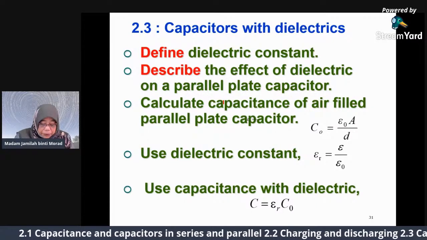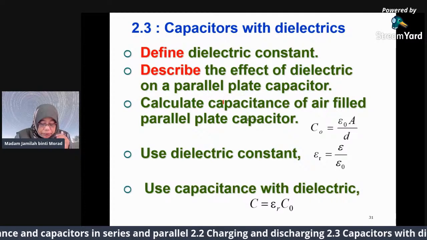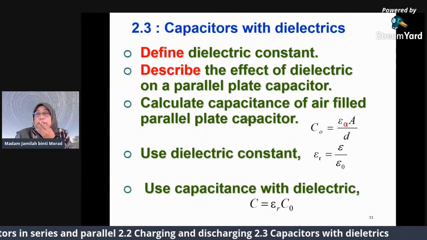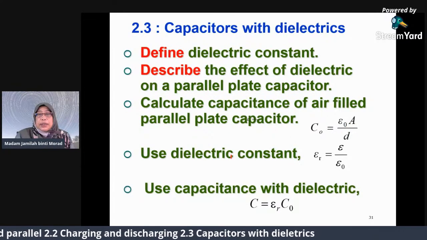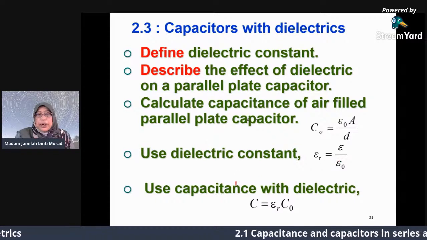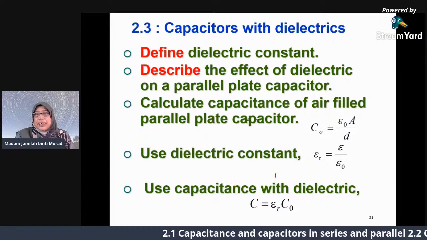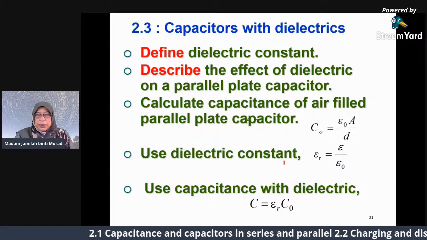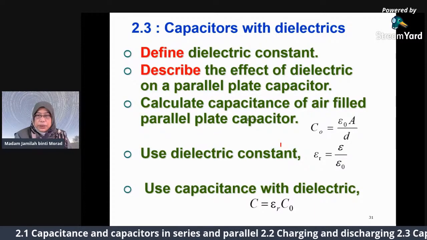Calculate the capacitance of a filled parallel plate: C naught equals epsilon naught A over D, and then use dielectric constant epsilon r equals epsilon over epsilon naught, and then use capacitance with dielectric. So I will explain how to use this equation.